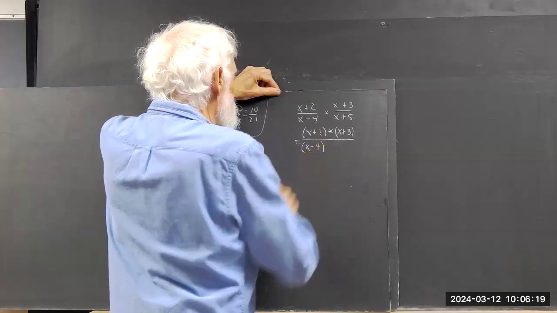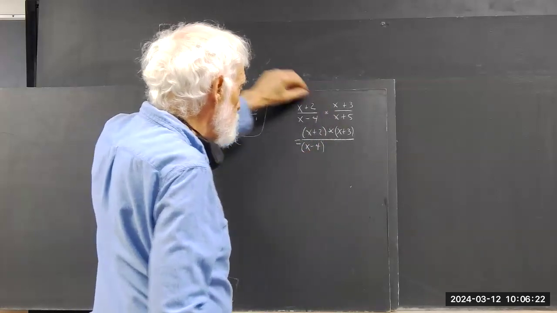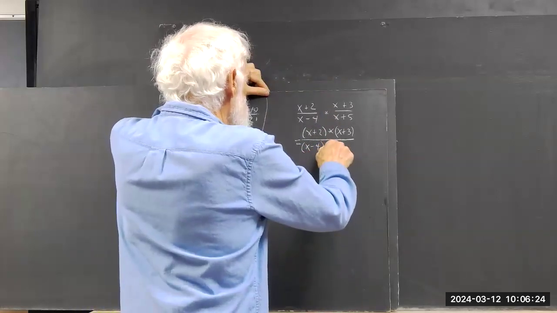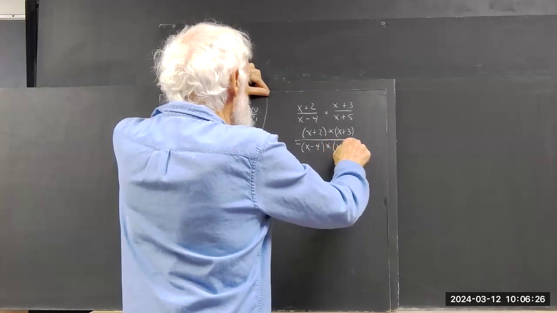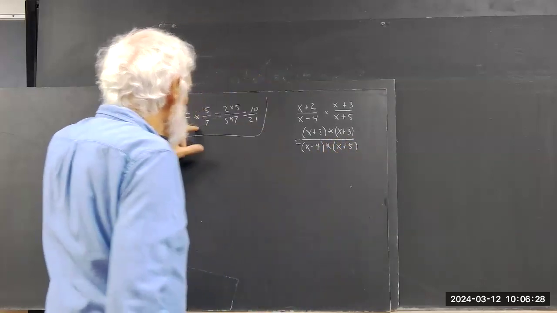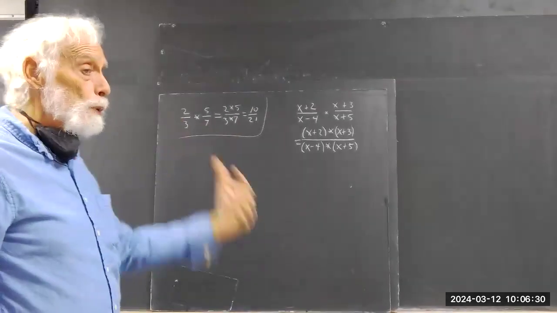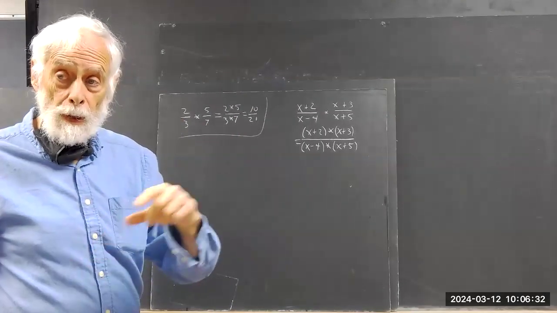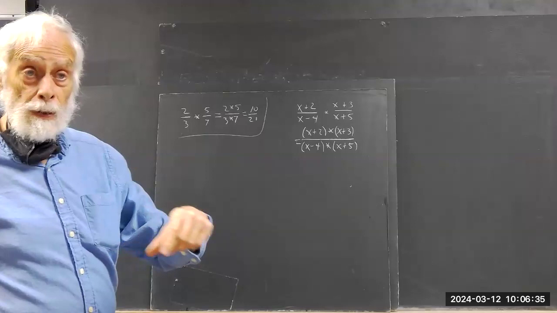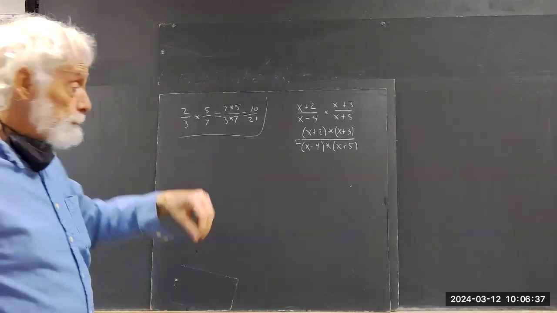And then you do the same with the denominators. You multiply the denominator by the denominator. It's no different with symbols than it is with numbers. In other words, the rule both times is you multiply the numerators and multiply the denominators, okay?